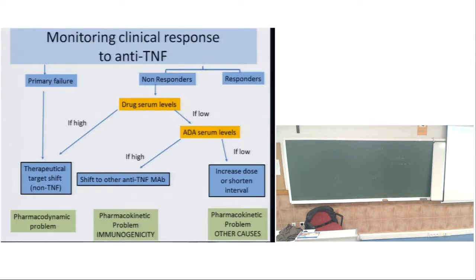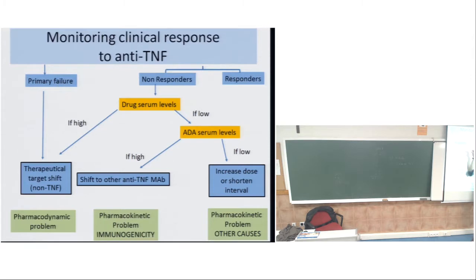So what we do in many hospitals, people subjected to this kind of anti-TNF treatments, patients having rheumatoid arthritis, ankylosing spondylitis, Crohn's disease, all these autoimmune diseases, chronic inflammatory diseases are treated with anti-TNF antibodies. Okay? Well, so what we can find in a patient, we can find a primary failure.